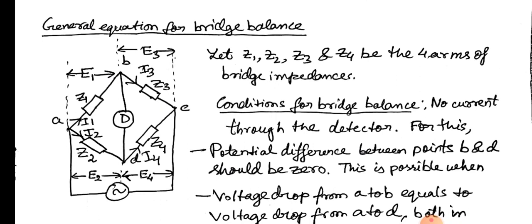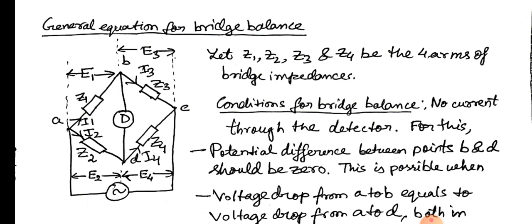Considering that across Z1, E1 is the potential drop, across Z2, E2, across Z3, E3, and across Z4, E4. Subsequently, the currents flowing through each of the bridge arms Z1, Z2, Z3, Z4 will be named I1, I2, I3 and I4.